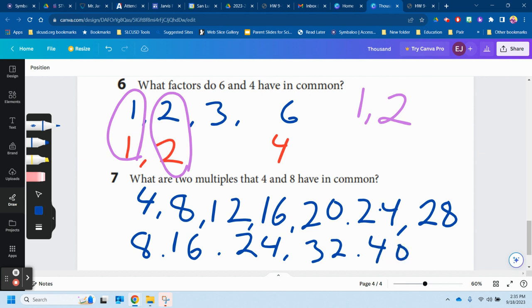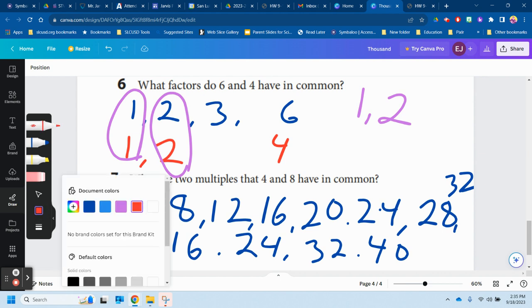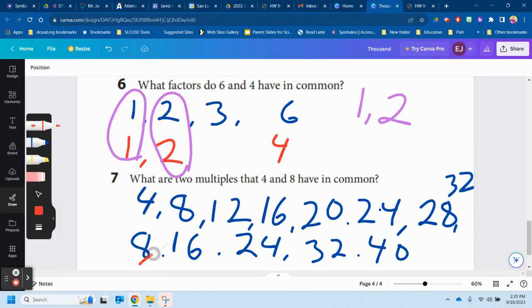So I could have kept going with the 4s, but 28, 32. So I'm seeing definitely 8. Let me use a different color. So we do have 8 here for both. So I only need 2.